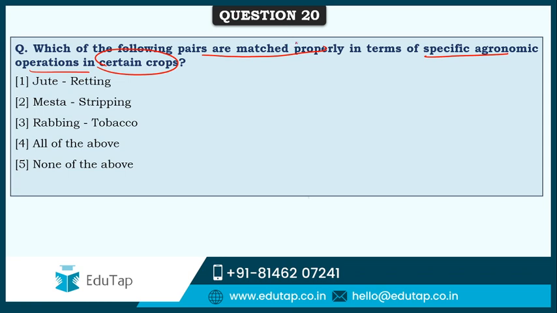Baliram, you were asking about rabbing in tobacco. Yes, you can see here. Yes, it's all of the above, and we'll see each one of these in detail.